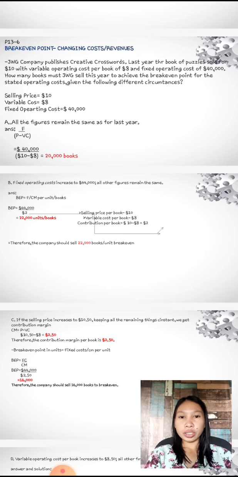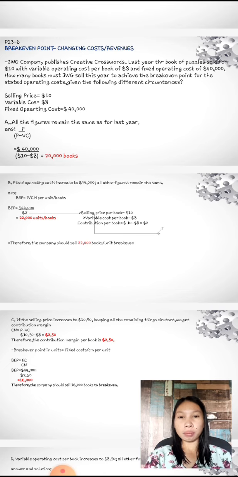Break-even point with changing costs and revenues. GWG Company publishes creative crosswords. Last year, the book of puzzles sold for $10 with variable operating costs per book of $8 and fixed operating costs of $40,000.